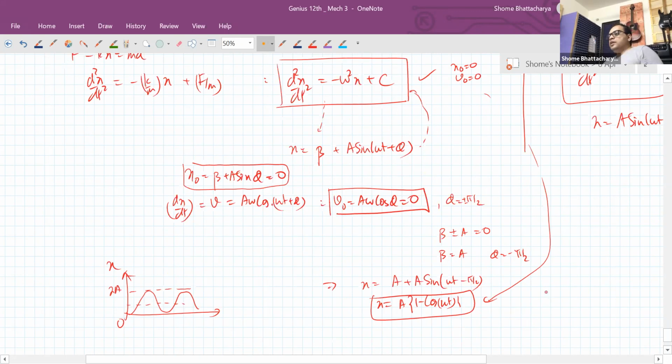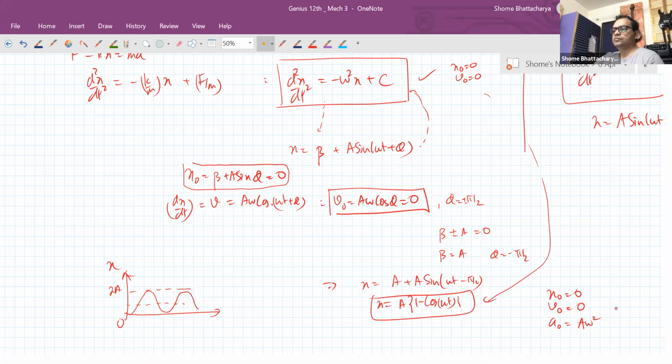Okay, so this also gives us that x naught is 0, v naught is 0, but also acceleration initially is a omega square. So this is the concept that we are applying in that question now. Both the blocks separately.